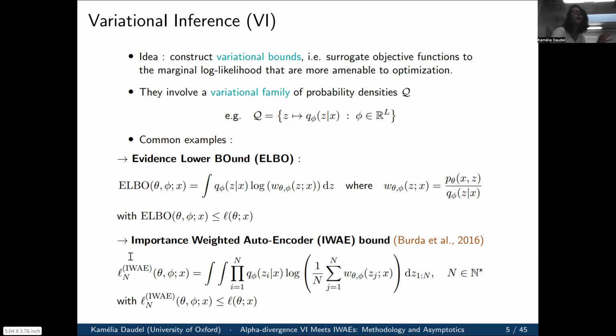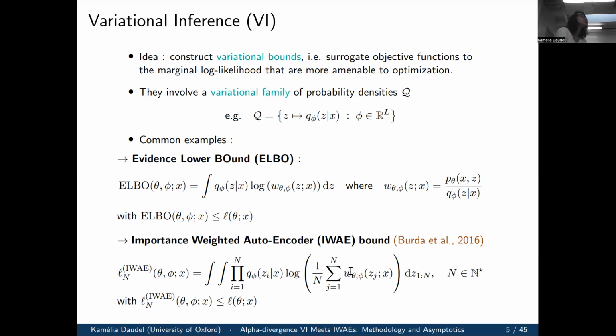From a high-level perspective, here you are integrating just with respect to q phi of z. Now, in the IWAE bound, you're going to have z1 up to zn latent variables, and you're going to integrate with respect to the product of q phi of zi. And then in the log, instead of having just the weights, you're going to have the log of a weighted sum of weights, if that makes sense.